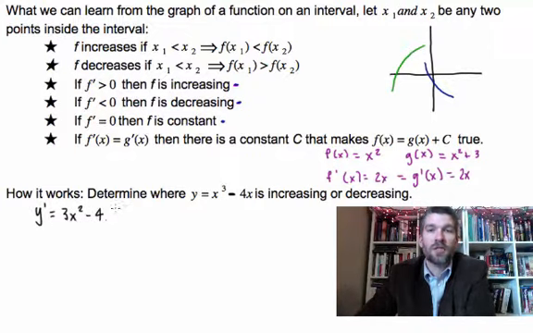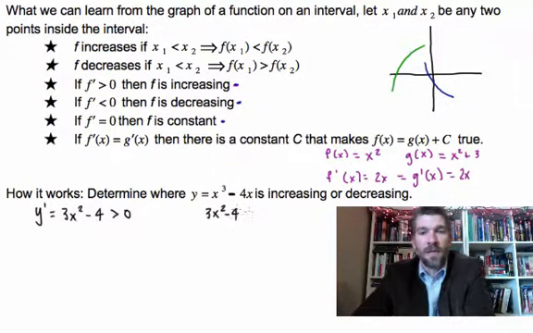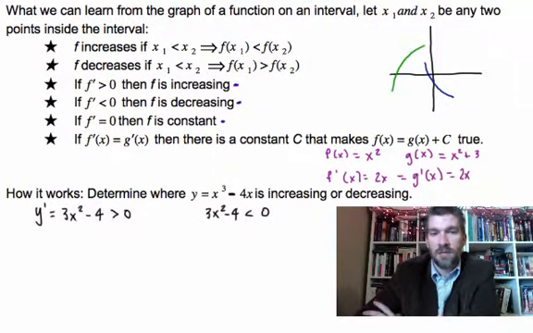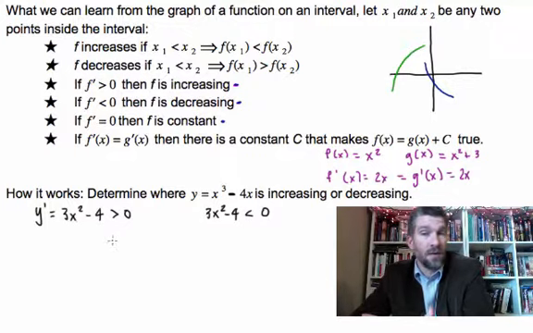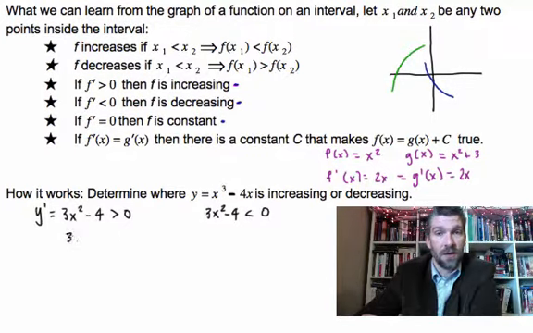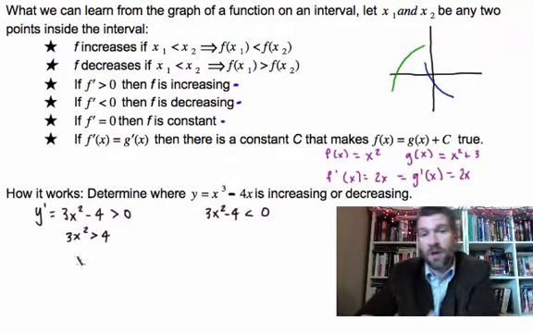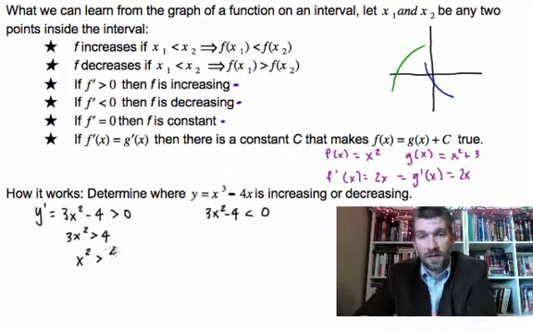Okay, well, let's check out this example down here on the bottom. x cubed minus 4x. We want to know where this is increasing or decreasing. It's really easy. Find the derivative, 3x squared minus 4. Set it to be greater than 0 and set it to be less than 0. And where those things happen, that's where your original function increases or decreases.